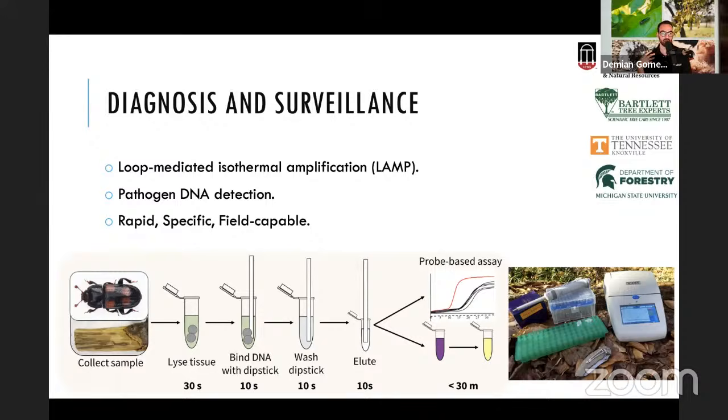Don't worry about the names, but basically this is a very specific and rapid PCR that can be conducted in the field. They have tried it before for other pathogens, like laurel wilt or pitch canker in pines, and they have been showing promising results. So we're working with them to develop this technology for oak wilt as well.